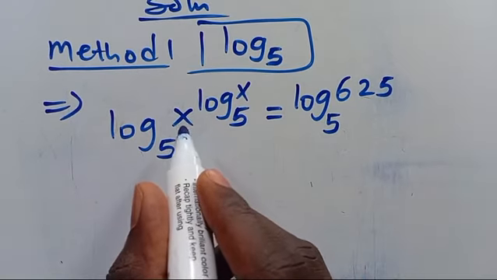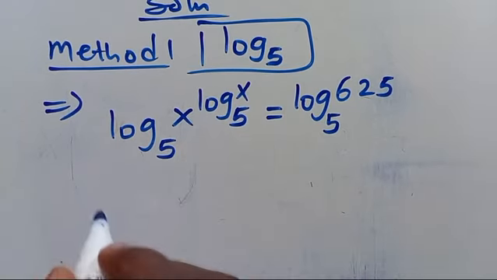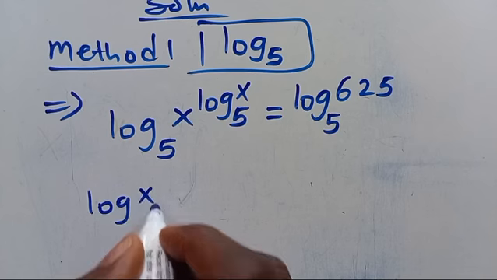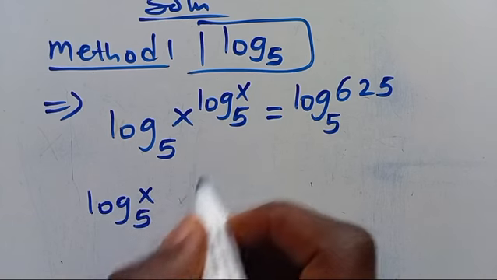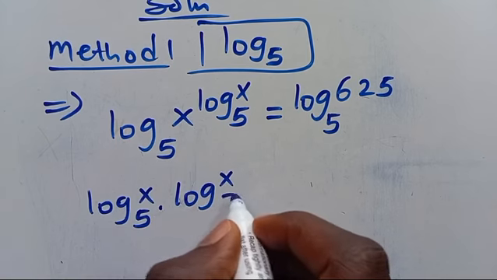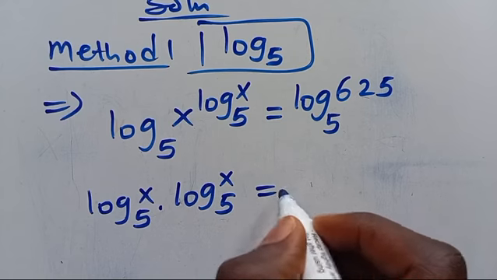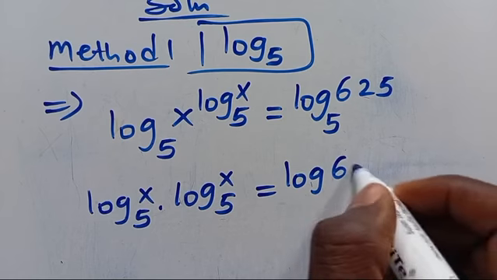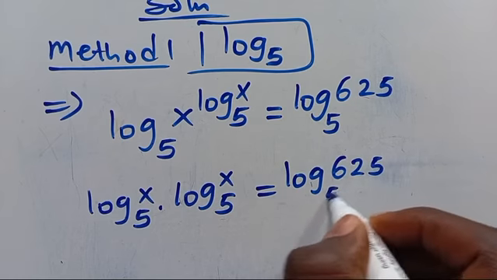Then this is the power, so we bring it down to the front, and we have log x in base 5 multiplied by log x in base 5 equals log 625 in base 5.